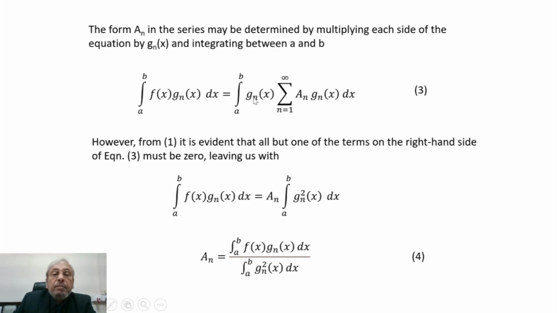Here an gm(x) dx is being multiplied by gn(x), and only when gm(x) is gn(x) does it make sense. It is non-zero, otherwise it will be 0. So from here we can write an equal to the integral from a to b of f(x) gn(x) dx divided by the integral from a to b of gn square (x) dx.